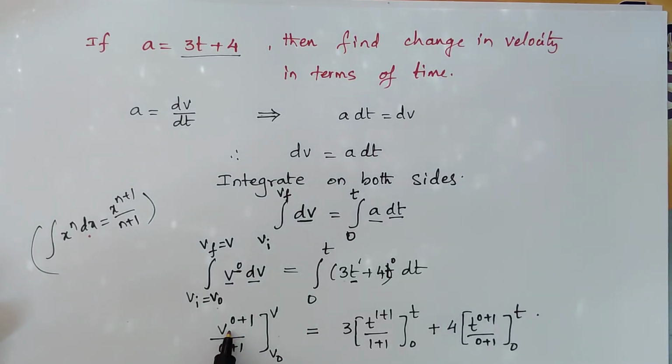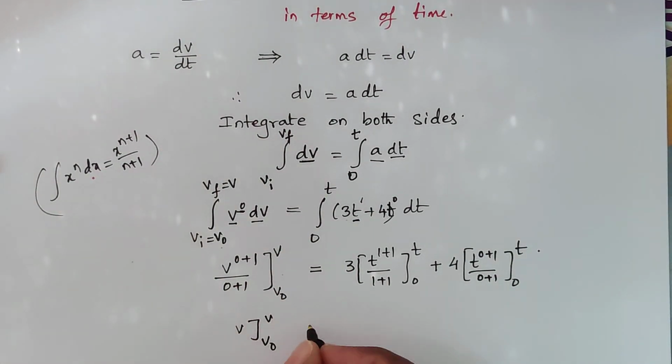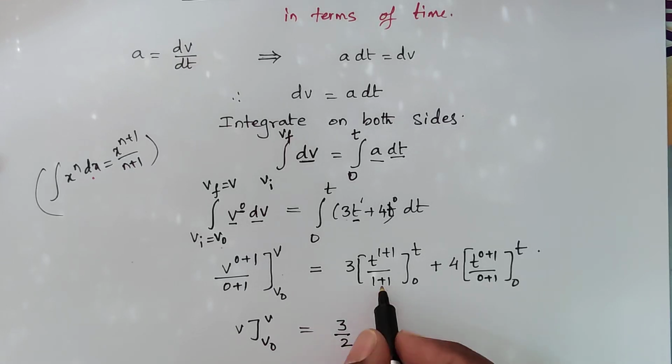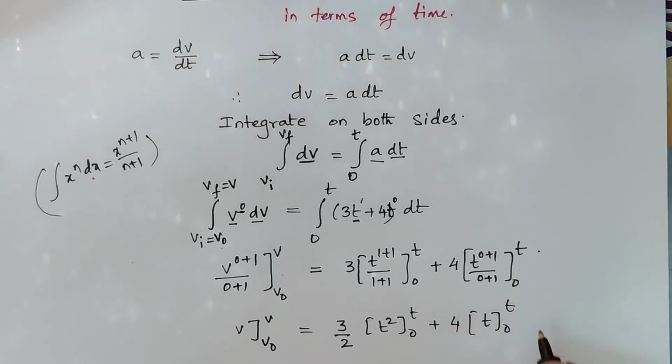Okay. So v to the power of 0 plus 1 by 0 plus 1 is nothing but v. Limits from v0 to v equal to 3 t square by 2. So by 2 is taken as common, t square, and limits from 0 to t, plus 4 t power 1 by 1 is nothing but t, and limits from 0 to t.